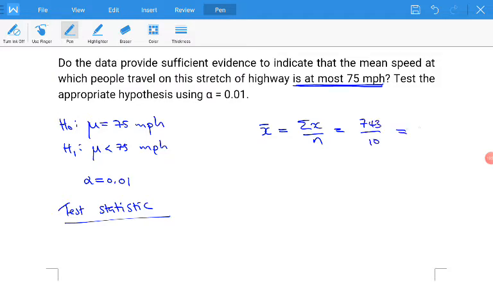This gives us a mean of 74.3 miles per hour. Then our variance is equals to summation x squared minus n x bar squared over n minus 1. This is equals to 85,519. Sorry, this is 55,000.